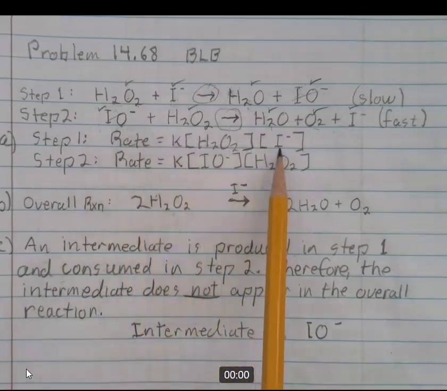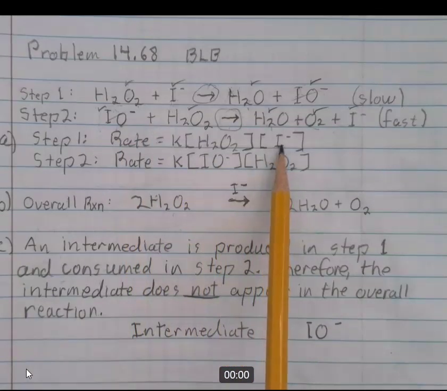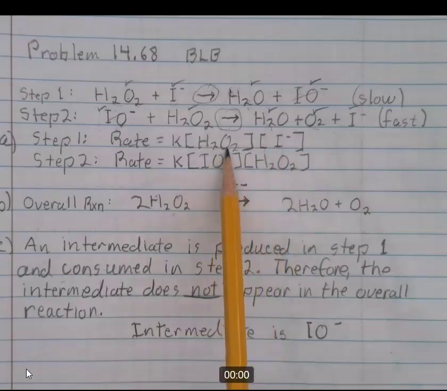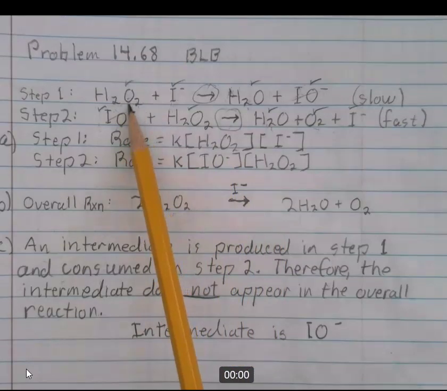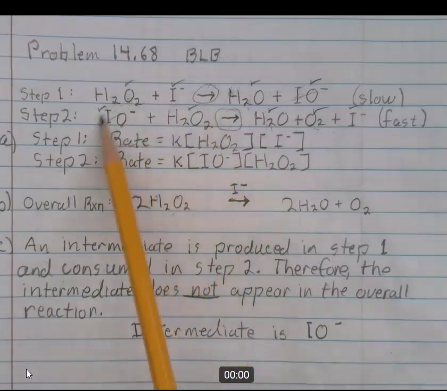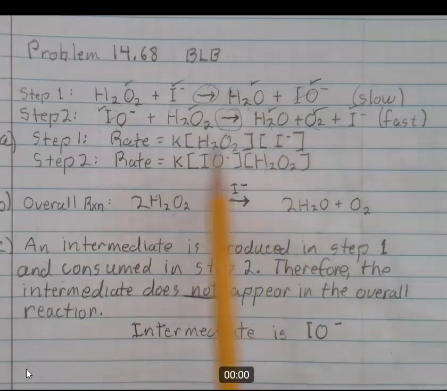It does, however, have the catalyst in it, and we didn't address that. What if the catalyst is there? That's okay. The overall rate law can have the catalyst in it, and of course it can have the initial reactant in it. What it cannot have is the intermediate, which in this case would have been IO minus, and it doesn't.